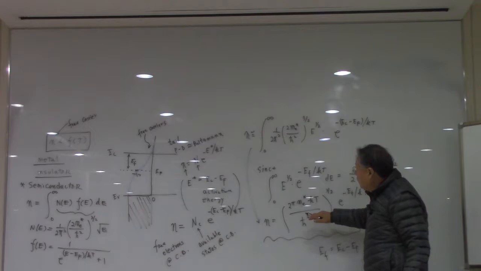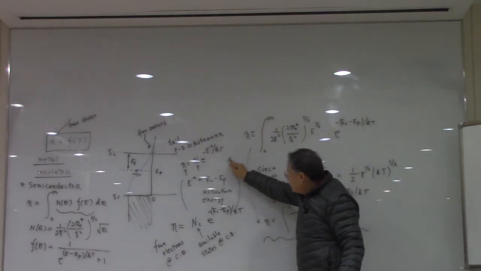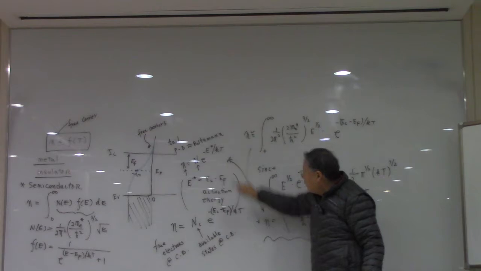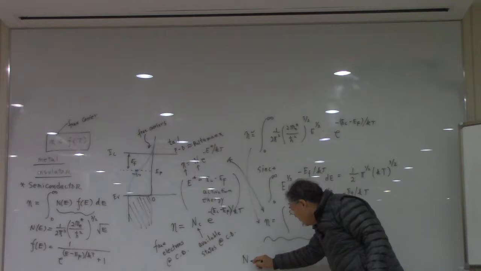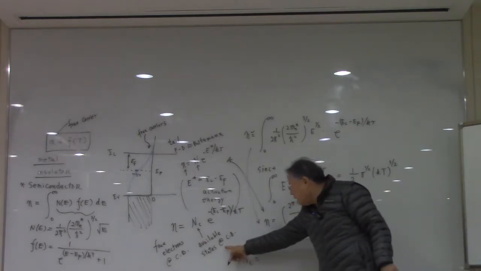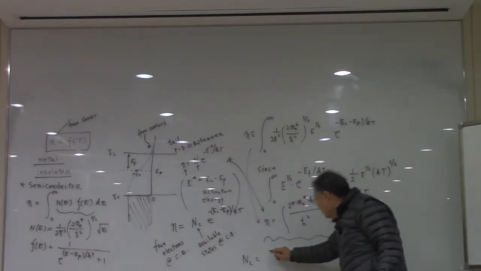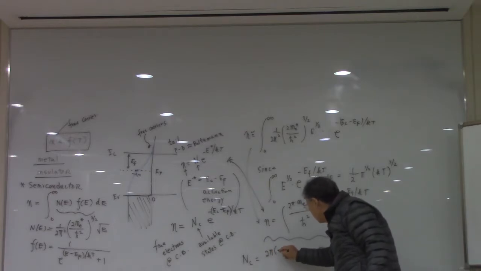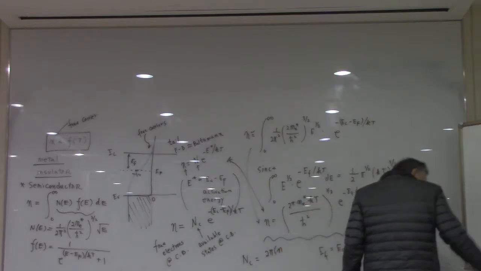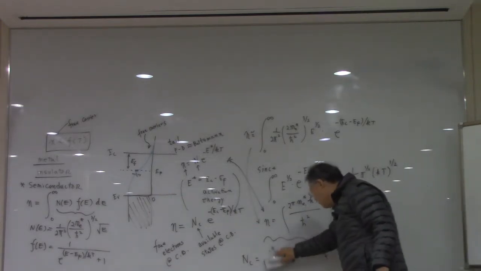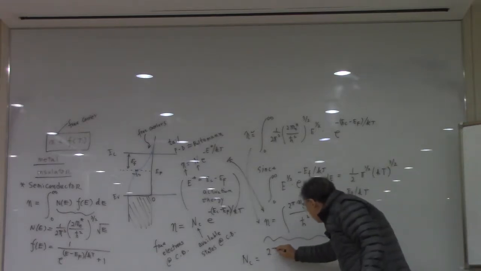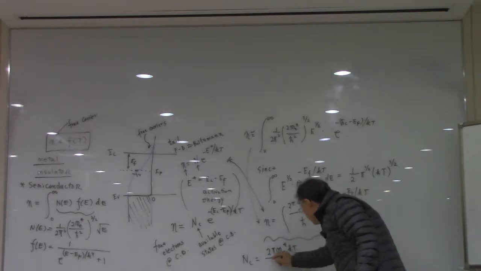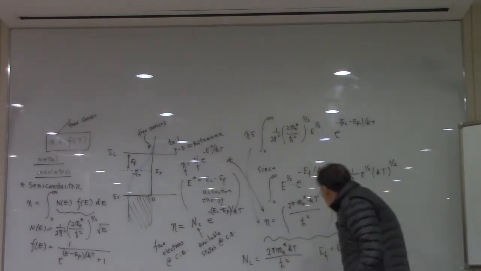Then if you look back into this equation, you compare this, then we can see that N_C, the available states in the conduction band, is going to be 2 times (2 pi m_e* kT over h-bar squared) to the 3/2.